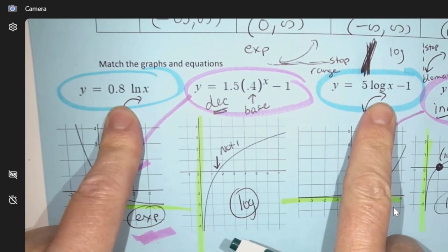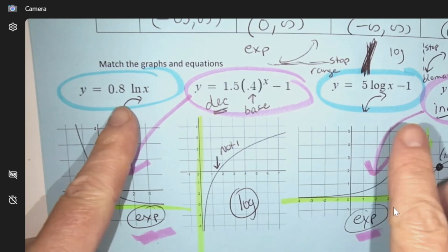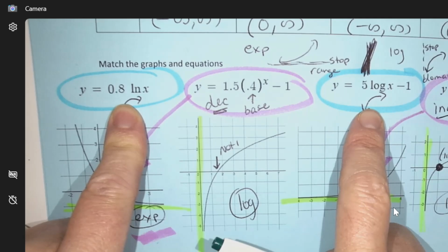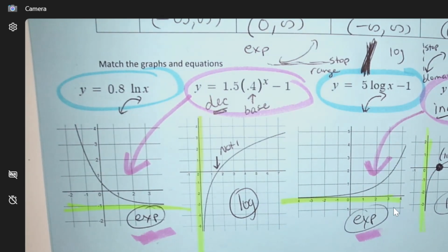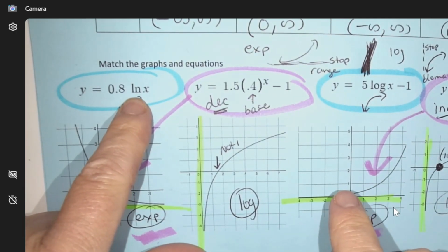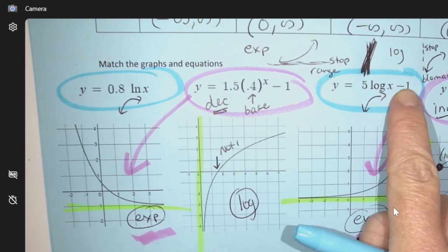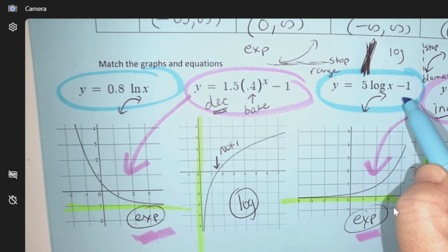So looking at your 2 options, can you reason which would go what? Which one seems normal and which one has a change on it that made that move? So to me, this one is normal, but this one has this -1 after. What do you think -1 is going to do to something?